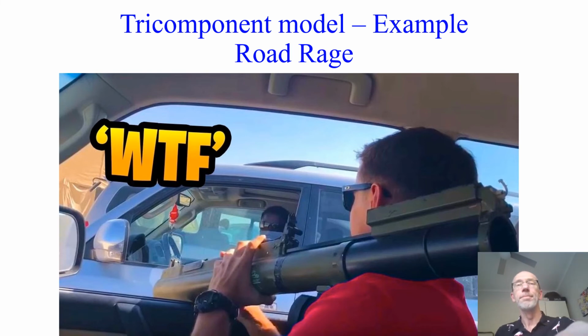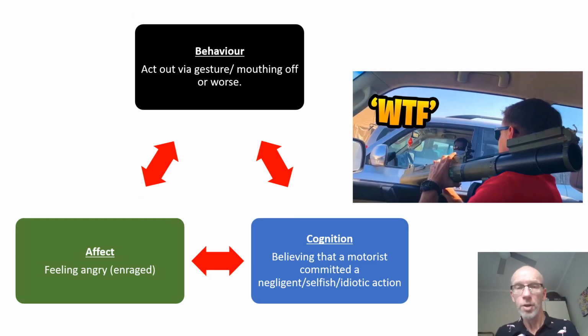Okay. So again, when you've been asked to unpack what are the 3 components of the tricomponent model in this road rage scenario, I think it's always easiest to start with the actions, the behaviour. So the behaviour is whatever retaliation the road rage instigator did. Was it a gesture?